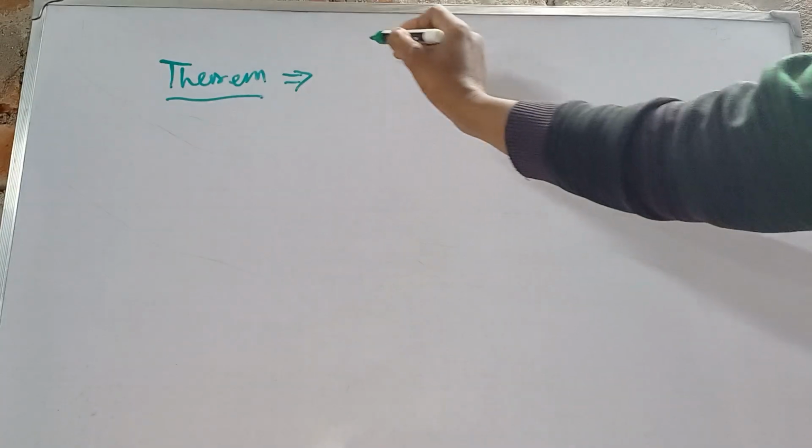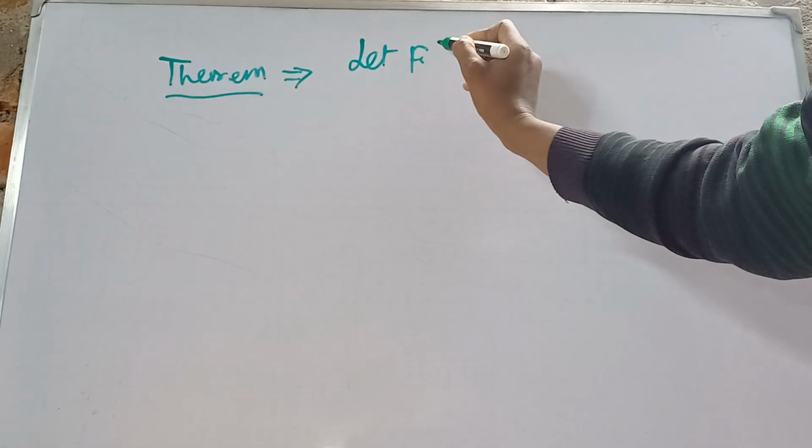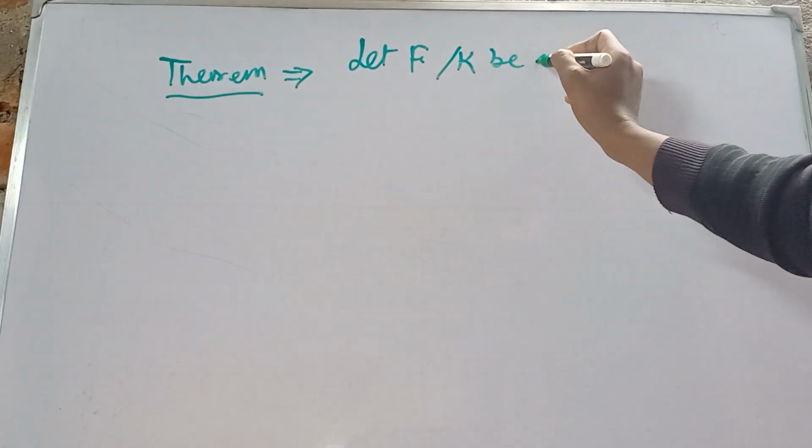Let F over K be a field extension which is finite, that means a finite field extension.